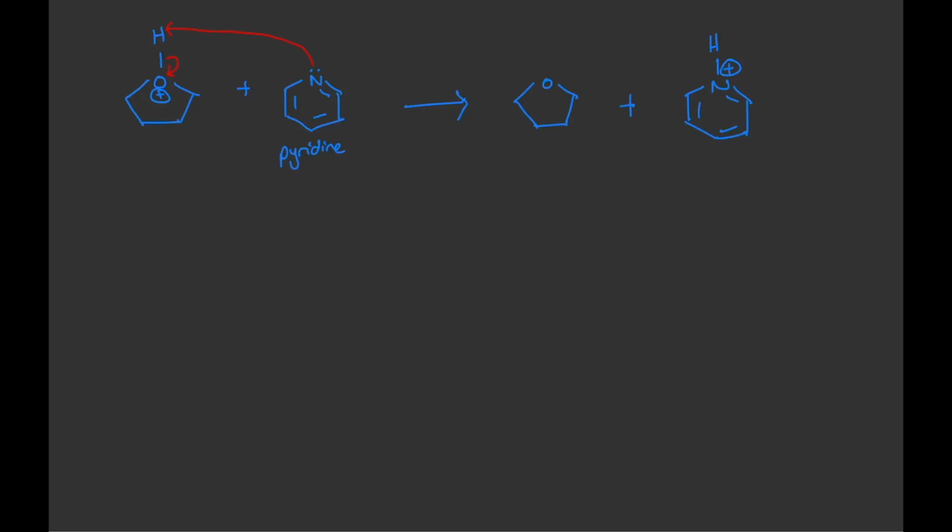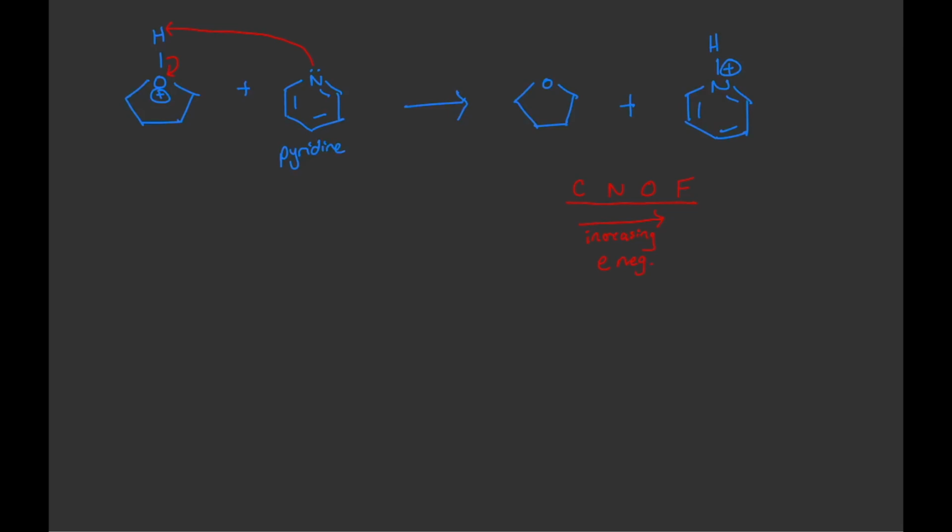Now the reason we're okay having the plus charge on the nitrogen instead of the oxygen is if we think back to the periodic table with the electronegativity trends. So we have carbon, nitrogen, oxygen, and fluorine. And again, this is increasing electronegativity, or E-neg.